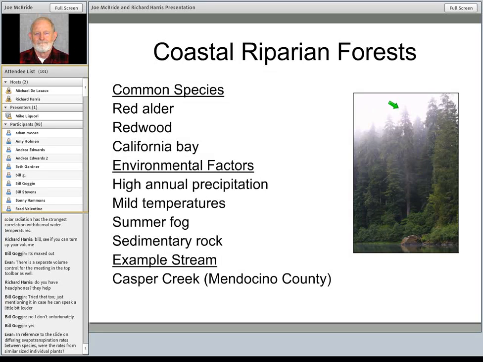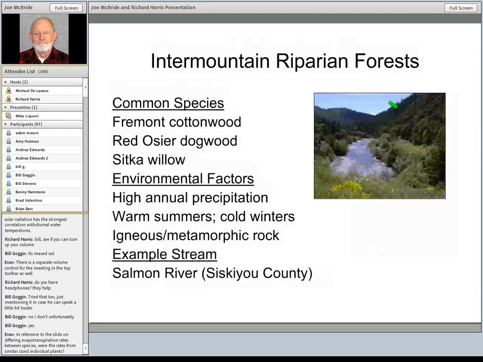The height of the redwood, as Mike pointed out in his presentation, often limits light so that we don't get a lot of hardwood species sometimes in the coastal riparian forest, particularly when the cross sections are relatively narrow. These forests are characterized by high annual precipitation, high temperatures, summer fog, and for the most part are on sedimentary rock. If I could have the next slide.